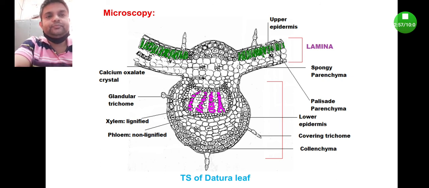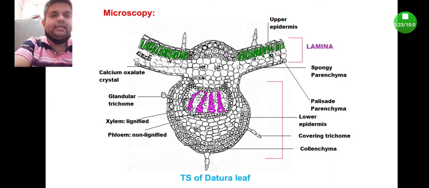So in the lamina part, you will find the upper epidermis. Upper epidermis consists of the stomata, then multicellular covering trichome, then the palisade parenchyma and spongy parenchyma. Both spongy and palisade parenchyma together are known as mesophyll.